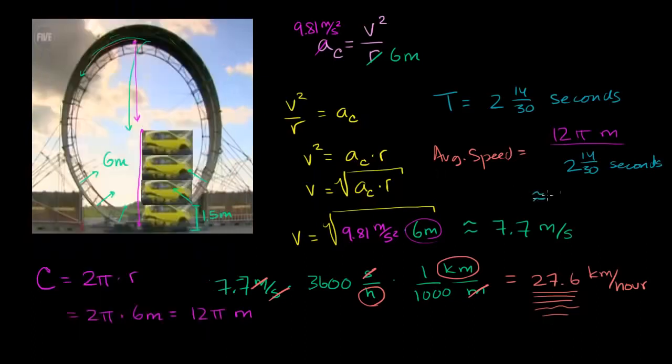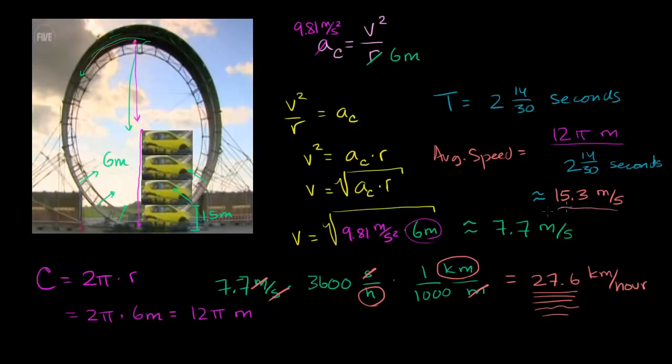So the average speed is approximately 15.3 meters per second, which is almost twice as fast as we figured out that minimum speed it had to be. And that's because you want that margin of safety, and you want to be able to have some traction with the road. Although you don't want to go too fast, because then the G-forces are going to be too big. And maybe we'll talk about that in a future video.